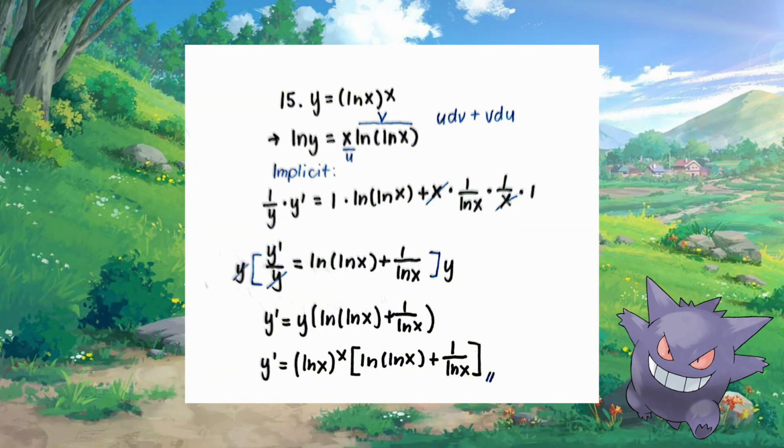Now, the equation will become y prime is equals to y times quantity ln of x plus 1 over ln of x. And then, substituting the value of y, the final answer will become y prime is equals to ln of x raised to x times ln of x plus 1 over ln of x.